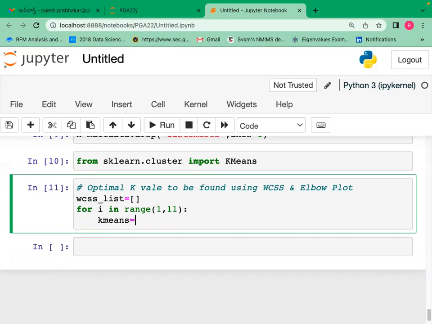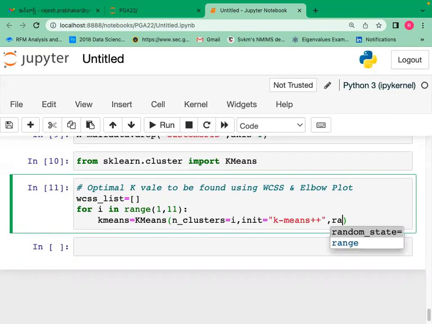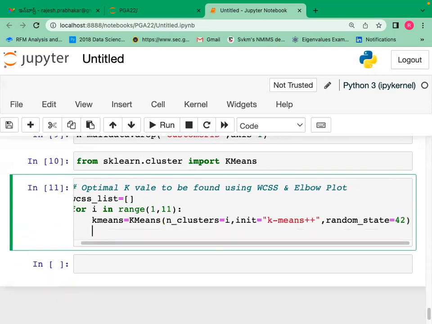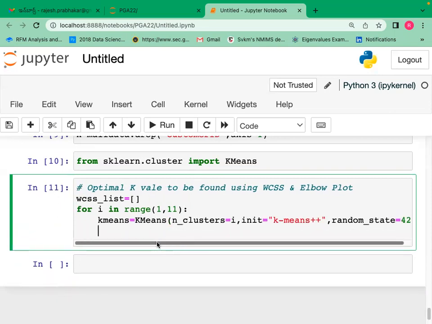KMeans is equal to KMeans open bracket n underscore clusters is equal to i comma init is equal to k-means plus plus comma random state is equal to 42. We are setting a seed so that all of us get the same cluster values.